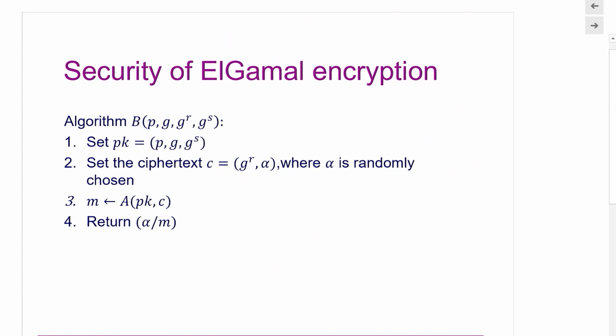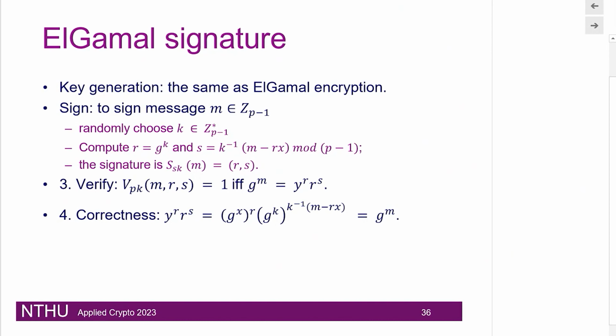We can't just assume that, okay, I can imagine that this could happen. No, it has to be there precisely, and that becomes a part of the security proof. So just like the RSA encryption system, which we saw also has a version of a signature scheme, the ElGamal encryption system also comes with a corresponding signature scheme.